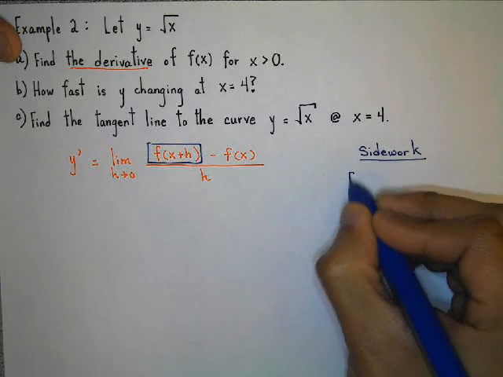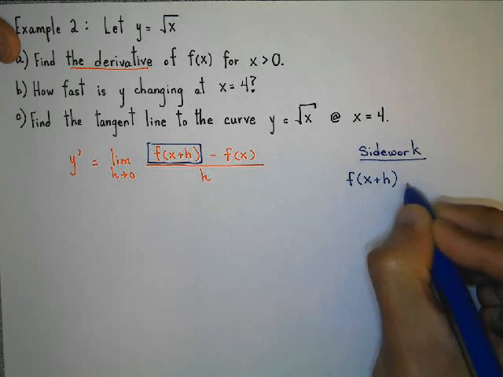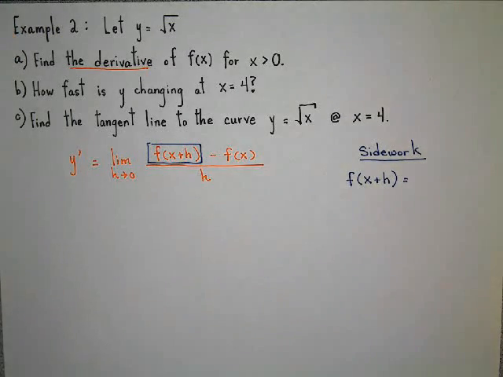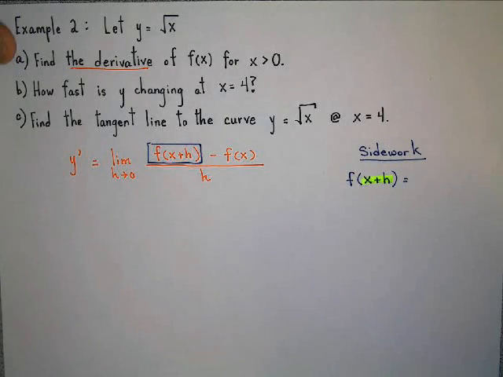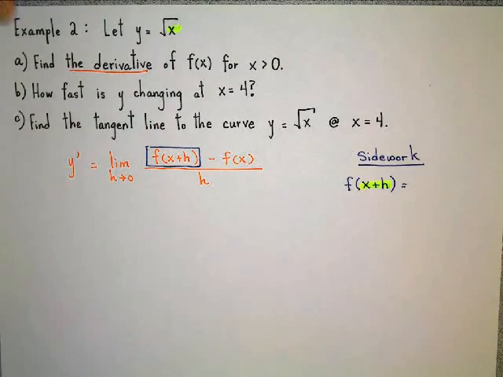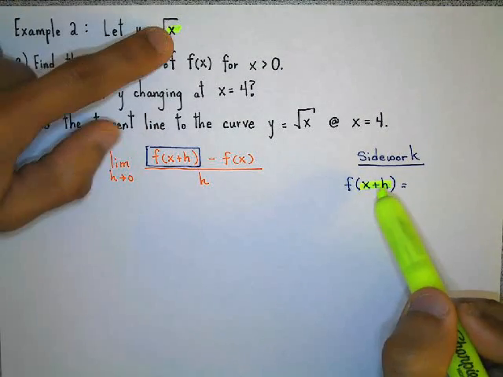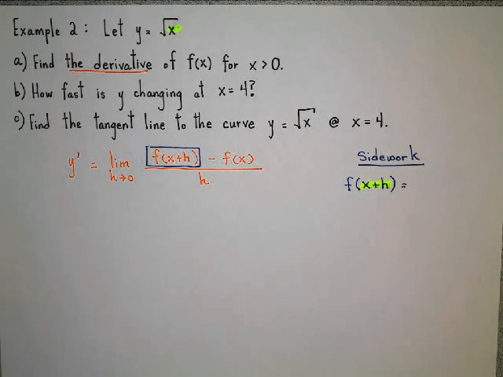Alright, so I'm going to want to find f of x plus h. What that means is I'm going to take this x plus h and substitute it into wherever we have an x value in the function. The only x value in our function is right there, so I'm taking the x that's up here and replacing it with this x plus h.